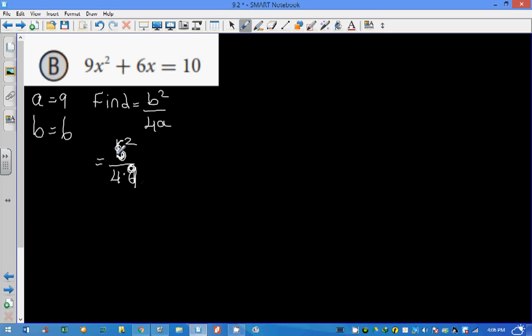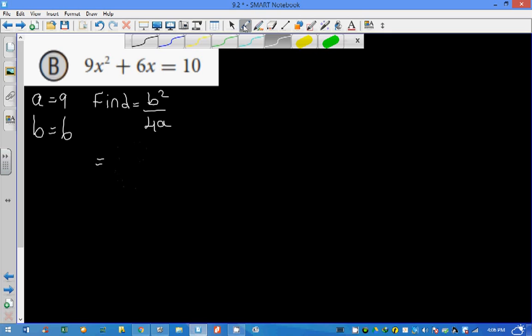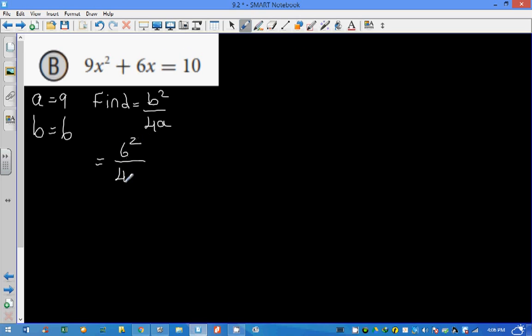I made a small mistake. Let me clean this and rewrite it. 6 squared over 4 times 9, and 36 over 36, which is 1.